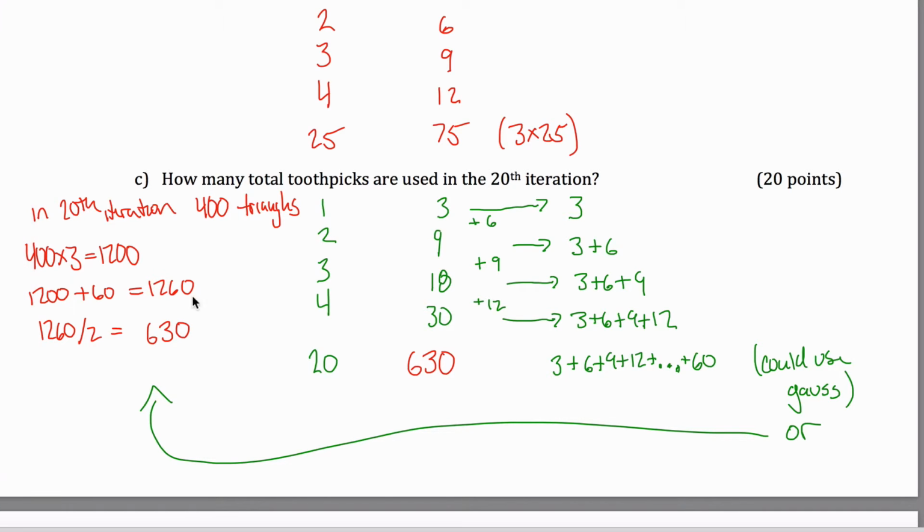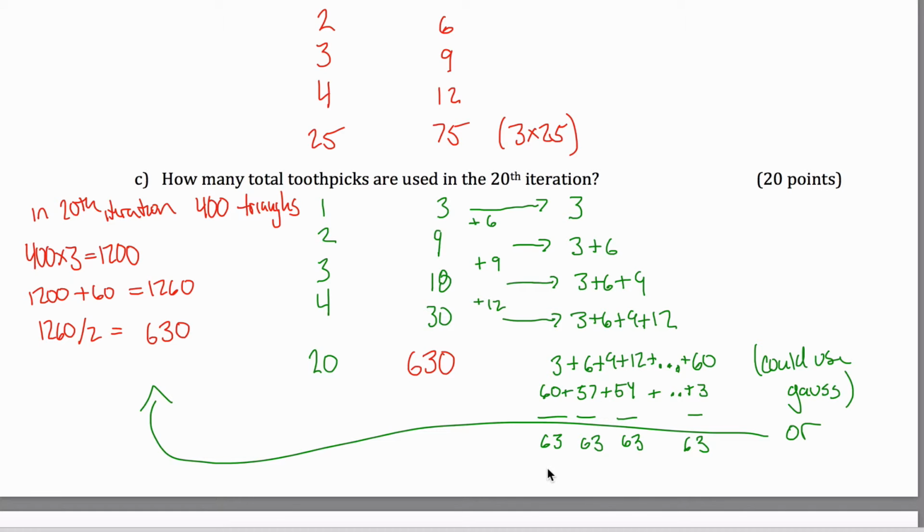Let me prove that to you using Gauss's method. Gauss's method is I would write this sum again, except I would write it underneath here. And I would do that all the way down until I got 3. And then I'd say, okay, each column sums to 63. And how many columns do I have? Well, I have 20 of them because I'm in my 20th iteration.